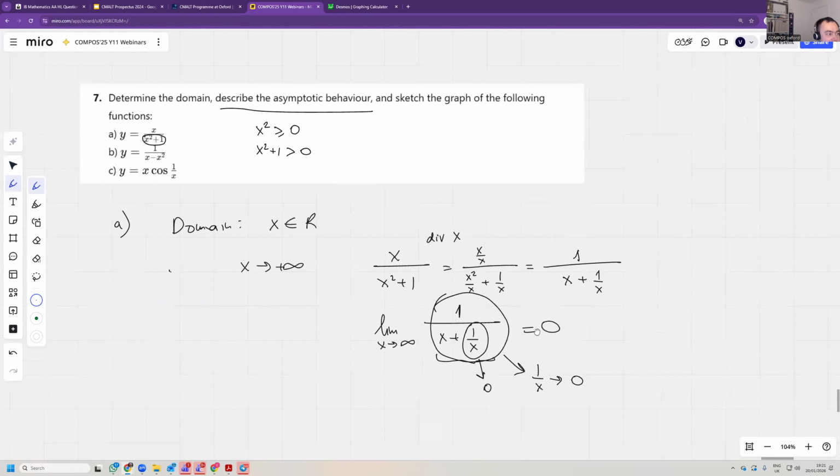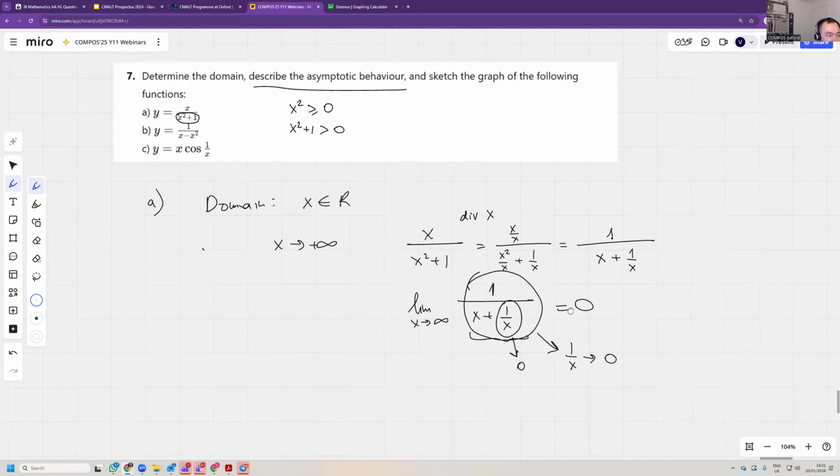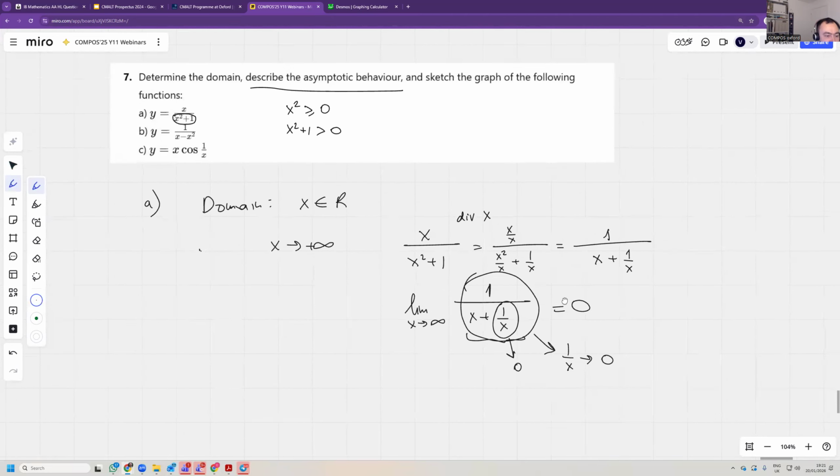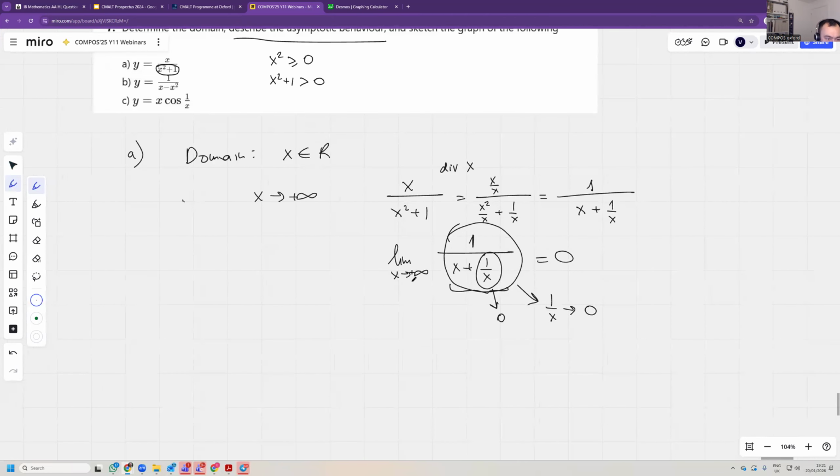Also, the limit when x tends to negative infinity of x over x squared plus 1 is equal to 0.